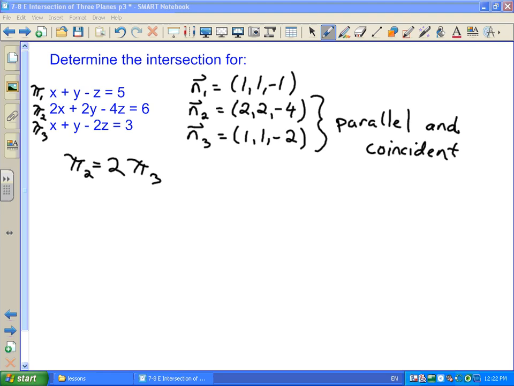We know then that we are going to have a line of intersection. Okay? These have to intersect in a line. Therefore, a line of intersection.